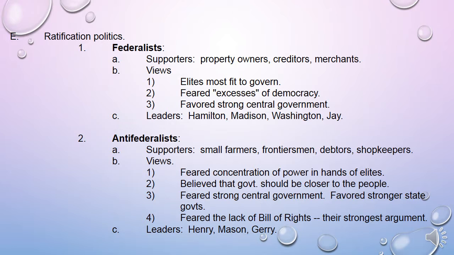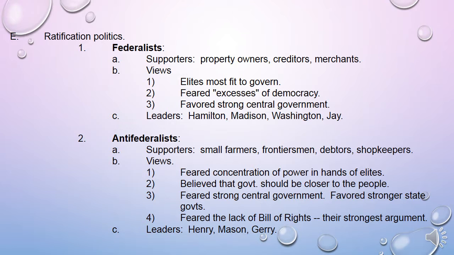So, the Anti-Federalists, their supporters were small farmers, frontiersmen, debtors, and shopkeepers. Okay, so small-time business owners, and then the rural. So think of it as city versus rural, if you will. Not all, nothing is absolute, but it's a good organizational way of thinking about it. So, their views: they feared the concentration of power in the hands of the elites.